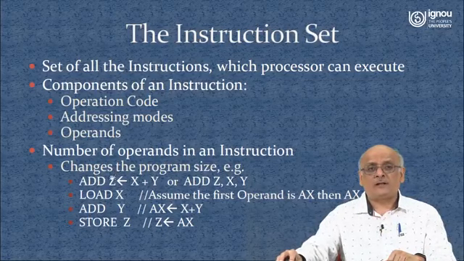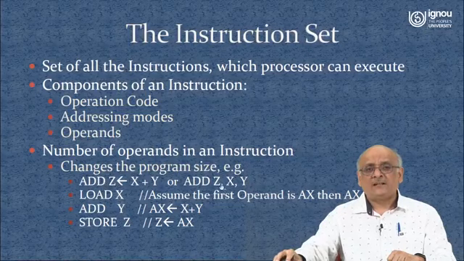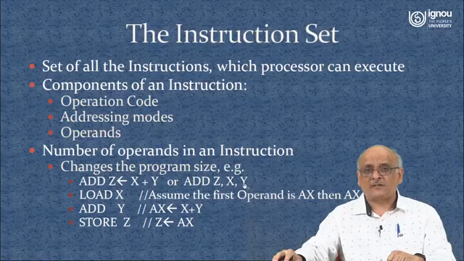Suppose I'm using an instruction set which allows me to use 3 memory operands, like the first instruction shown here. My instruction is add z, x, y, where z, x and y are all memory locations. And you know, the larger my memory, the larger the number of bits required for the address. So the address of z will be large, x will be large, and y will be large.